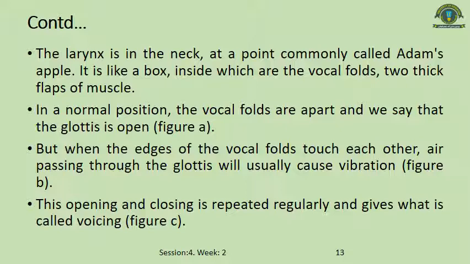So what I am saying, normal position is presented in figure A. But when the edges of the vocal folds touch each other, air passing through the glottis will usually cause vibration. This is the air which is passing through the glottis primarily. This is causing vibration. So that is the beauty of speech organ mechanism that nature has given us.